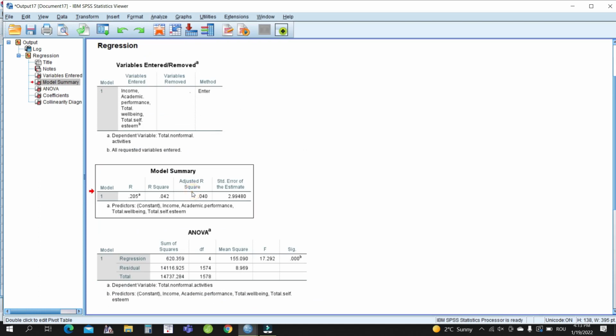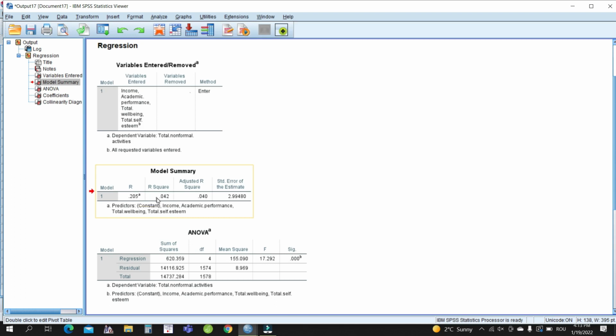In the second table, called Model Summary, we have the correlation of our linear model with the criterion variable, named with the capital letter R. As you can see, the linear combination of our four predictors has a correlation of 0.20 with the involvement in non-formal activities.